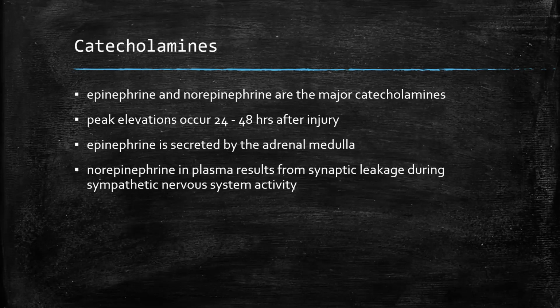So it plays a role, but epinephrine is the primary product we're talking about, and is really the only catecholamine that's secreted in any meaningful amounts by the adrenal medulla. The peak elevation for epinephrine generally will be within 24 to 48 hours after injury.